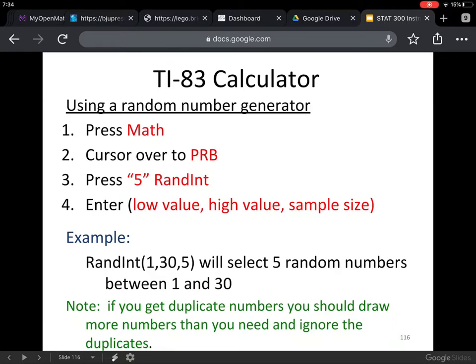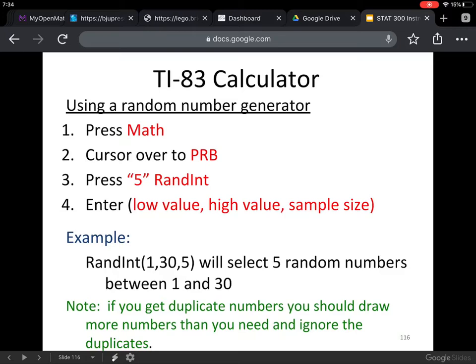Here are the steps to get a random sample using a TI-83 calculator. Please note that I will allow you to use your calculator. There'll be times when I have slides that say, here's how you use your calculator to do this or that.